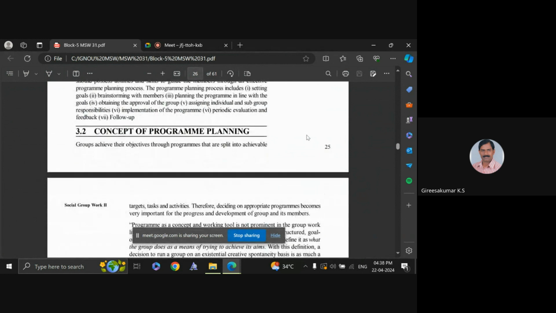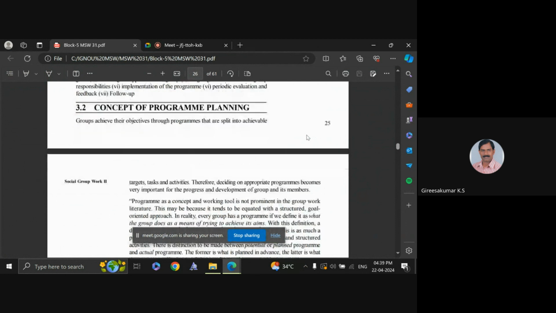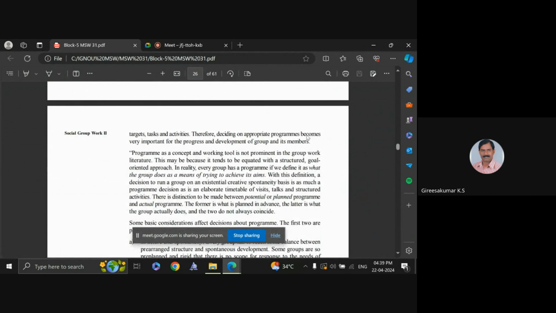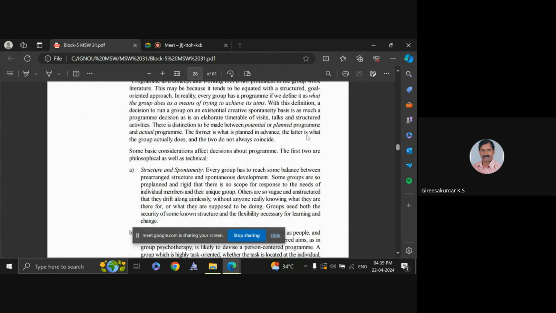So, the concept of program planning. Program as a concept and working tool is not prominent in the group work literature. The first two are philosophical as well as technical.